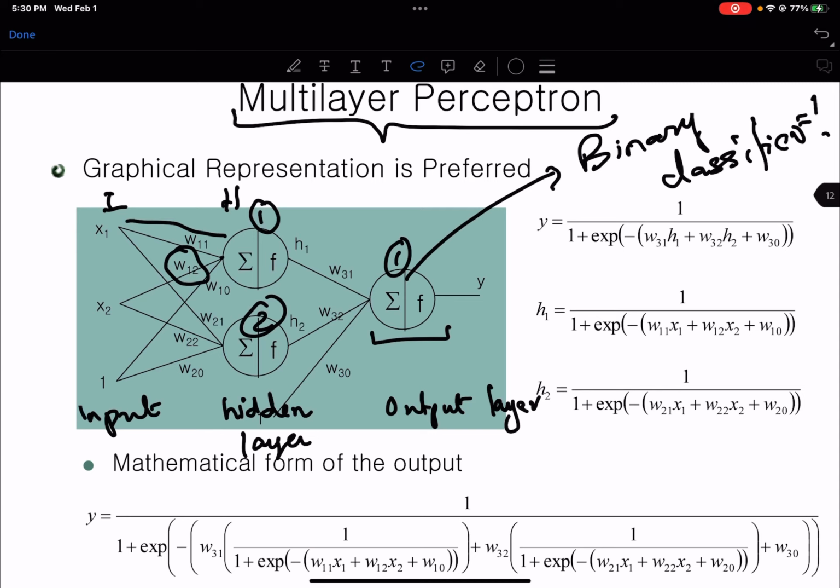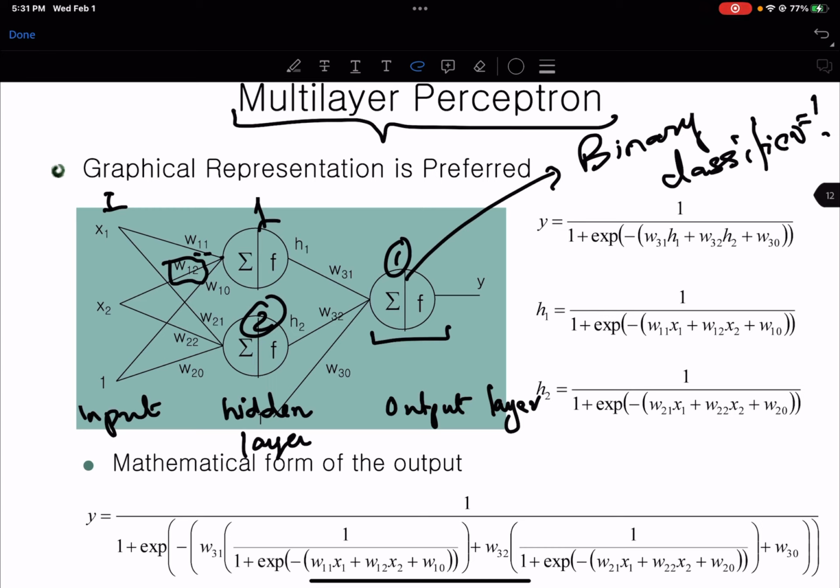And the notation for writing these weight values is that you first write the node in this layer where the calculation is being made, because the input is coming from layer 1 and into your node 1, we write W11. When the input is coming from X2 into your first node in the hidden layer, we write it as W12.